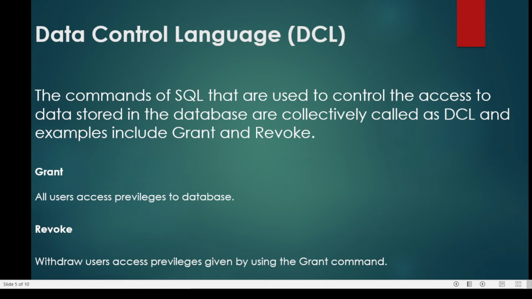Next is the data control language, DCL. Grant and revoke are the two commands used in DCL. Whenever the DBA team provides some type of access to the database, that is called grant, and if they take back any access, that is called revoke. This is all about DCL.